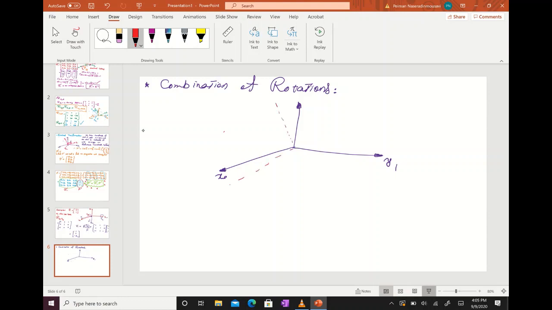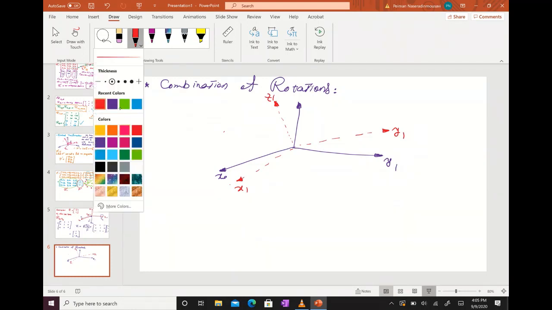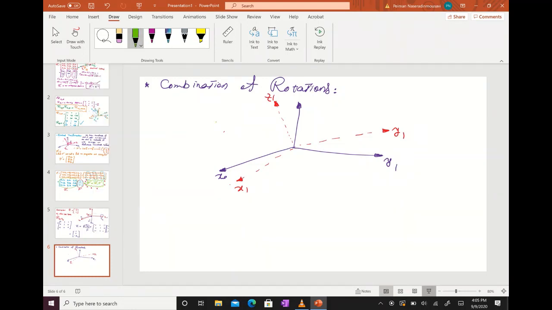That happens. X1, Y1, and the Z1, and you have another rotation. You have this rotation.